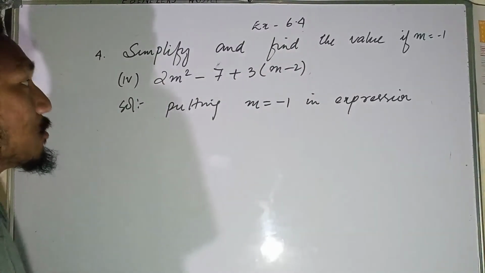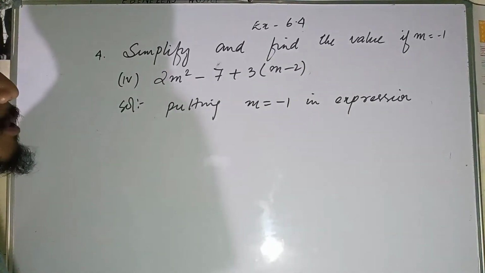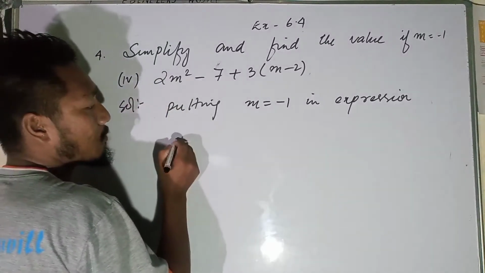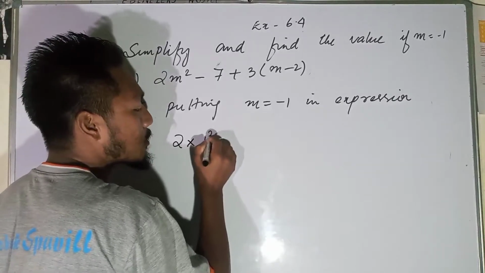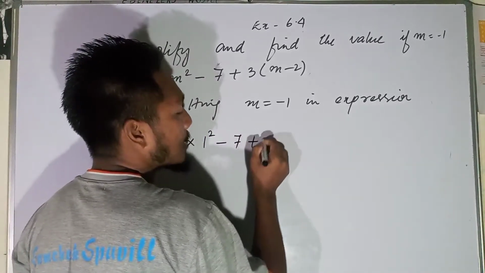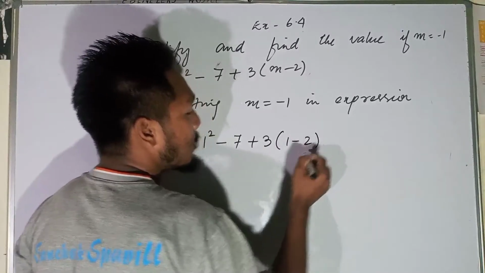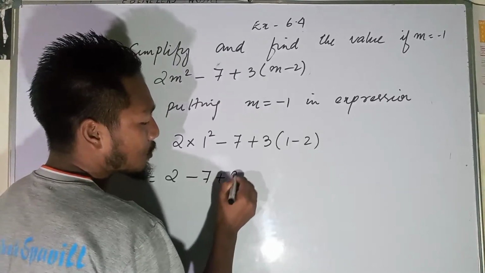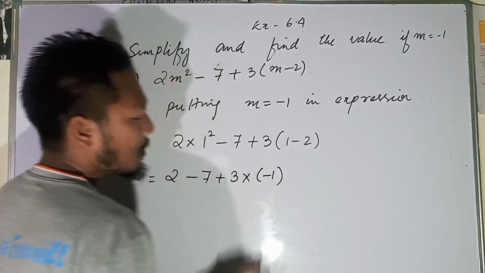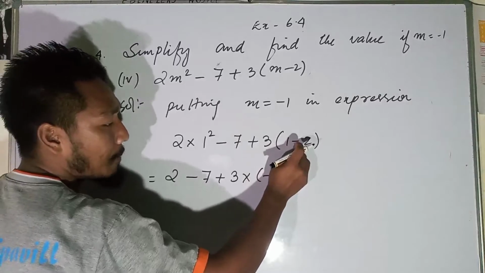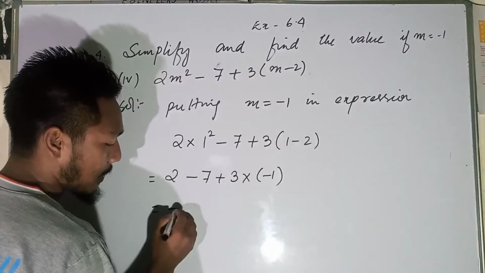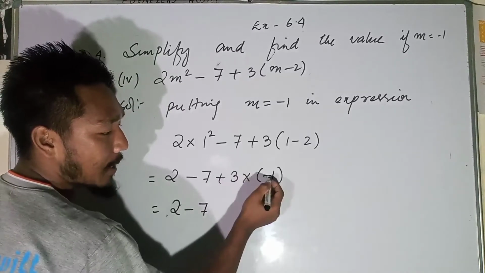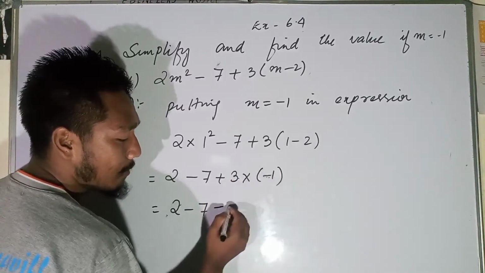Now we have to solve another question: simplify and find the value if m is equal to minus 1, for Roman number 4. Okay, Roman number 4, what is it? 2m squared. So wherever m is there, I have to put minus 1 again. 2 into 1 is 2, minus 7, plus 3 into minus 1 is minus 3.